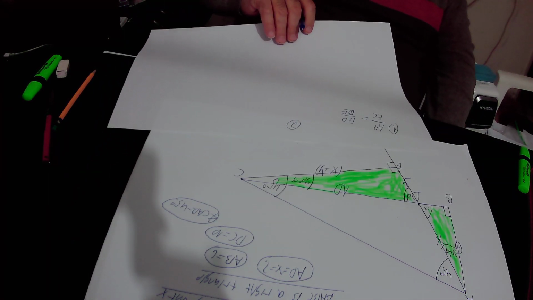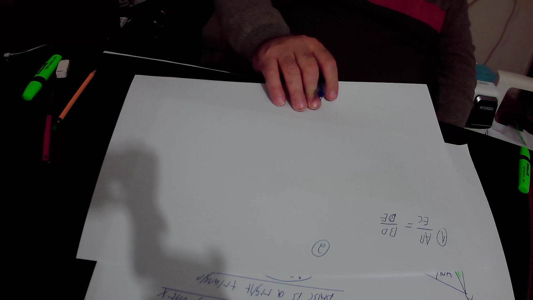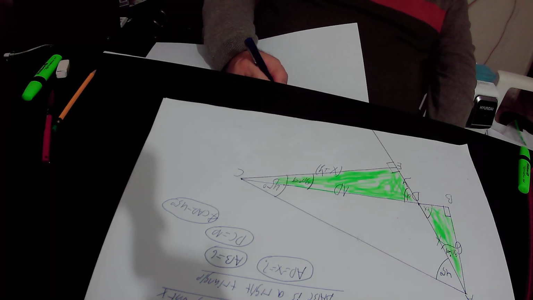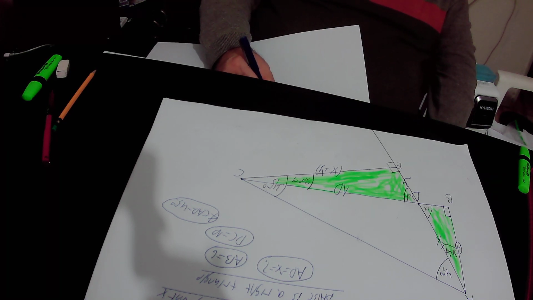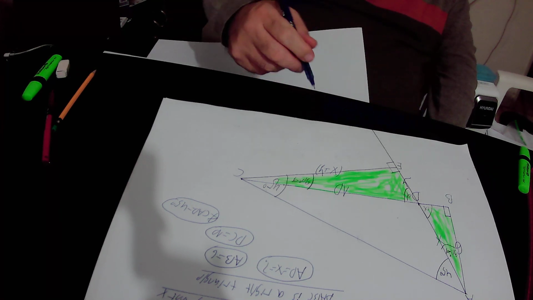I'll repeat again, from the fact that the two green right triangles are similar to each other, we conclude that AB over EC equals BD over DE, and it is equal also to AD over DC.